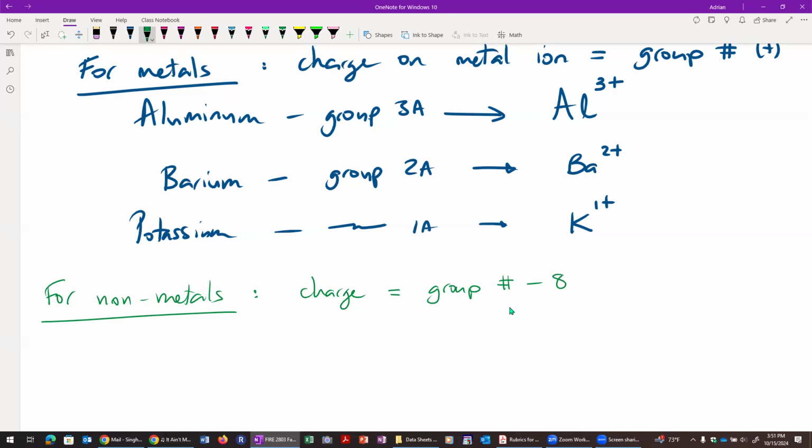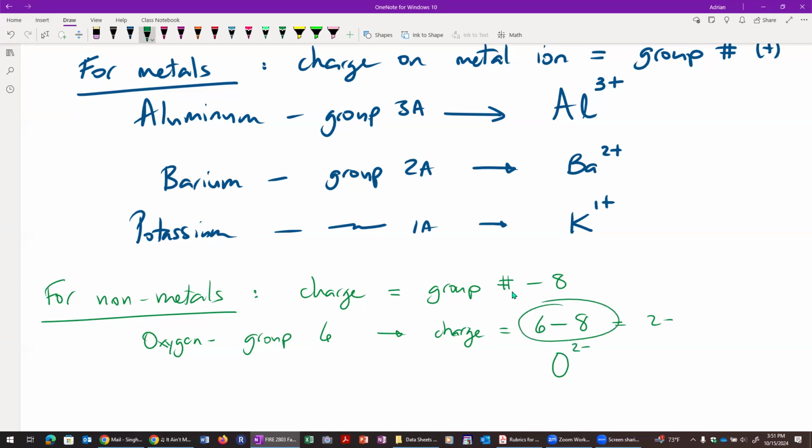So for example, if we look at oxygen, oxygen is in group 6. That means the charge on the oxygen ion will be the group number 6 minus 8. And that gives minus 2 or 2 minus. So when we write the oxygen ion, it will be O for the symbol and then 2 minus.